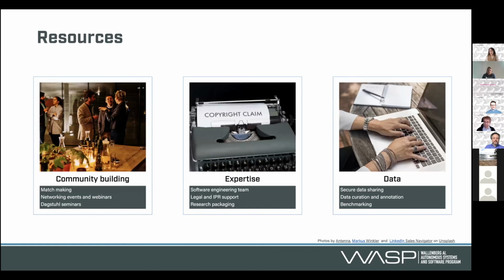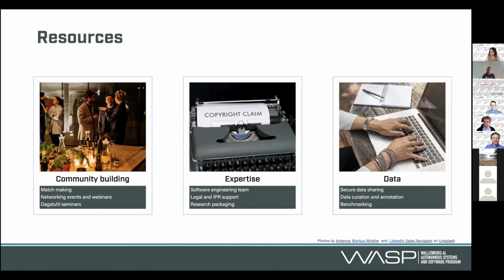So the arena provides many different kinds of resources, but the most important one is community building, and that's getting people to know each other. We want to do that at the level of individuals, so actual people knowing each other's names and what they are working on. This is done through matchmaking, networking events and webinars, and a Dagstuhl seminar that I'm arranging.